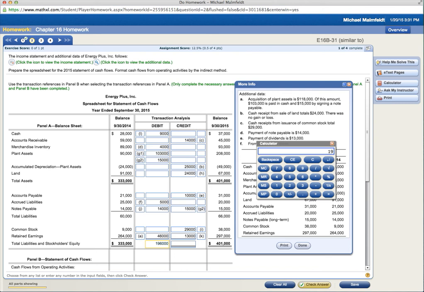Let me highlight down here. Total of 196,000. I want to look at this side, the credit side. 14,000 plus 25,000 plus 24,000 plus 10,000 plus 15,000 plus 29,000 plus 13,000 gives me 130,000.